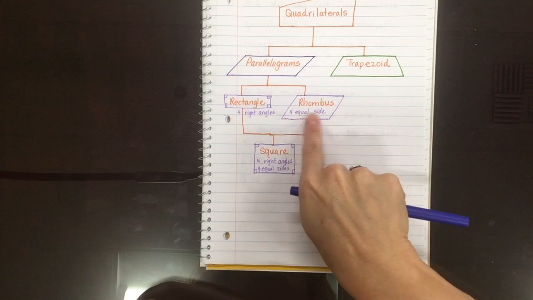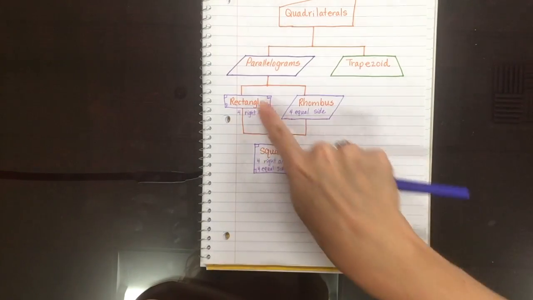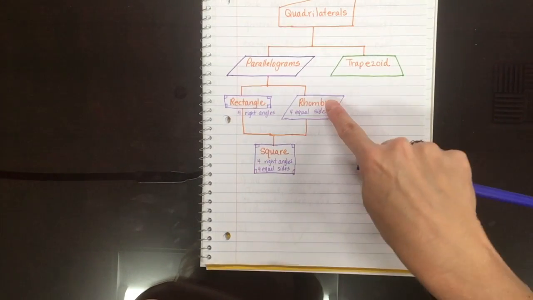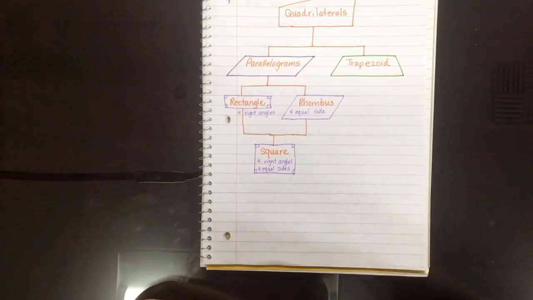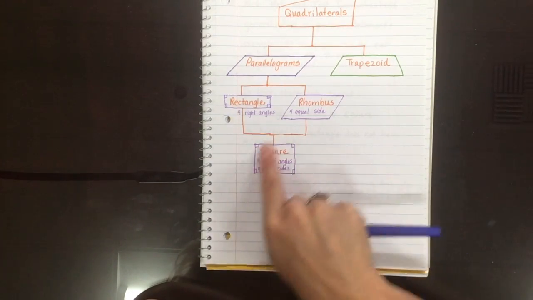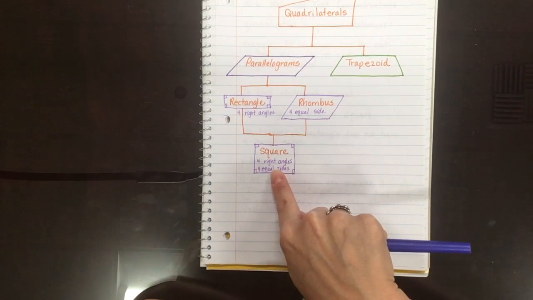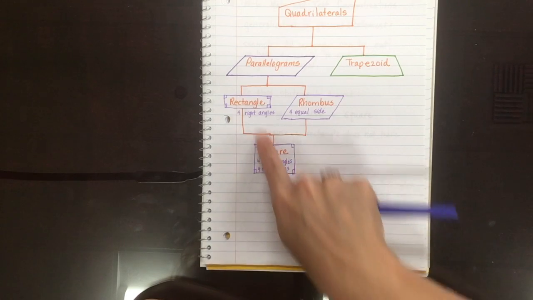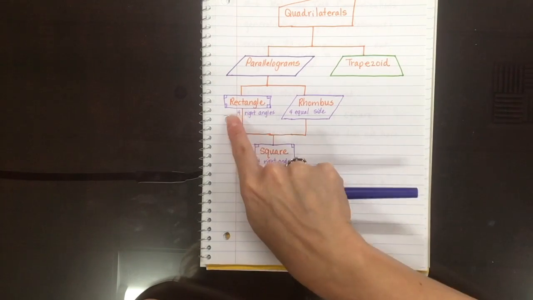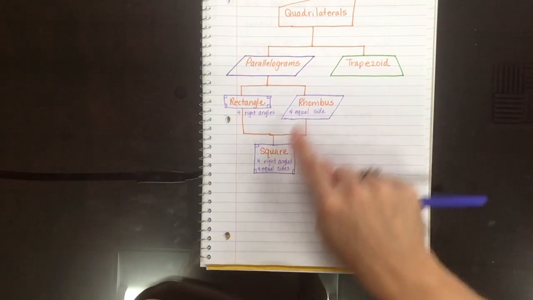No, because it doesn't have 4 equal sides, right? It just has the 4 right angles. Which one of these figures has 4 equal sides and 4 right angles, therefore it's both? Yeah, it would be the square. See, the square has a lot of different classifications, but nothing else is a square because it has several things it can categorize itself in. Does it have 4 right angles? Yep, it does. Does it have 4 equal sides? Yep.